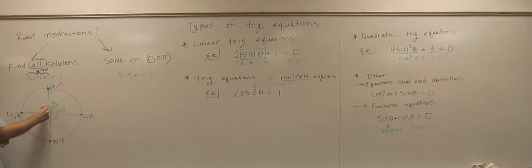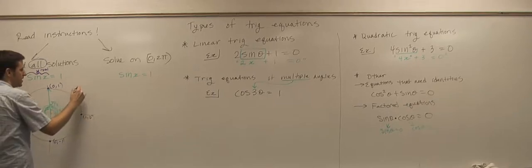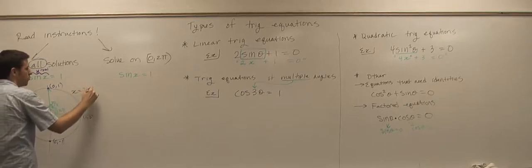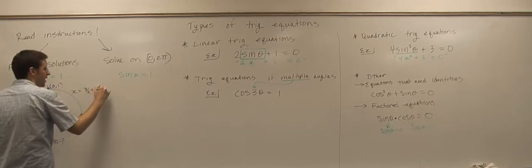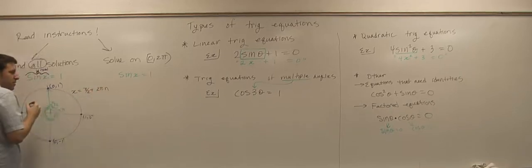Or if you rotate 2 full revolutions, that's another solution. Or if you rotate back a revolution, that's another solution. So all solutions here would be x equals pi over 2 plus 2 pi times n.